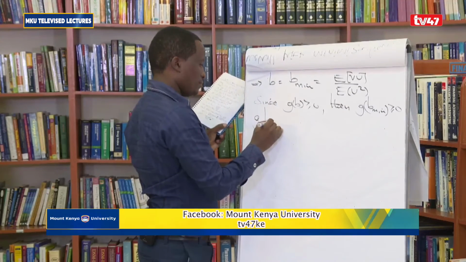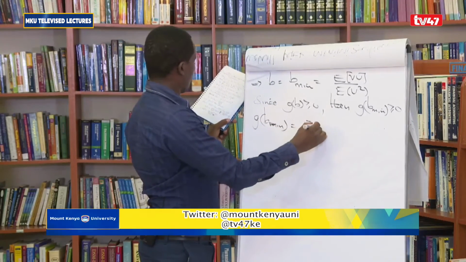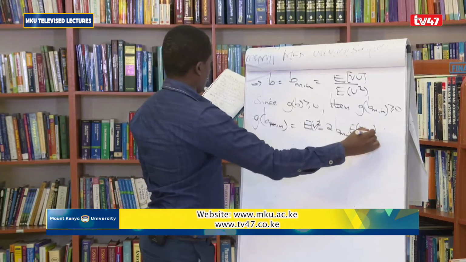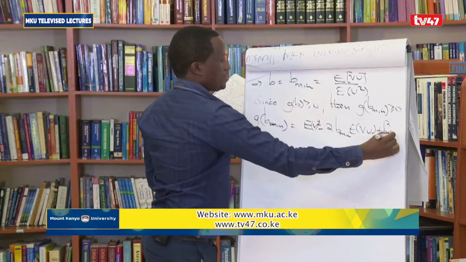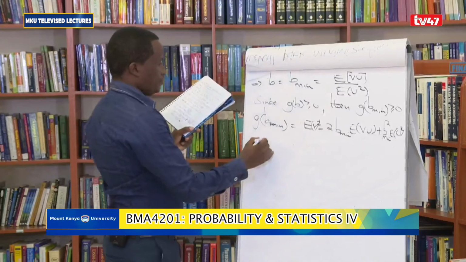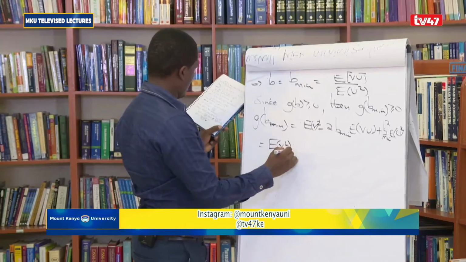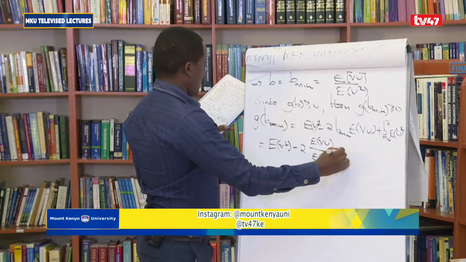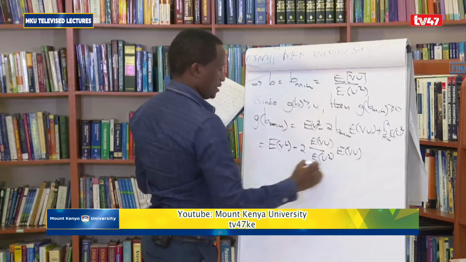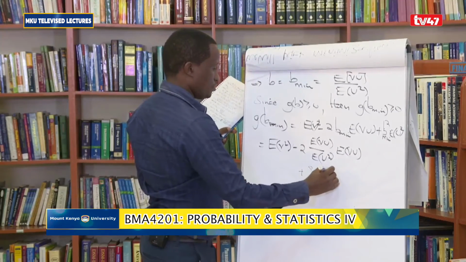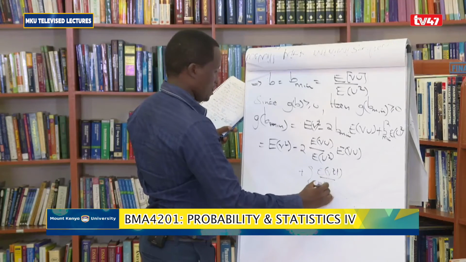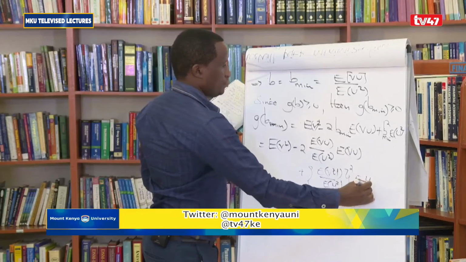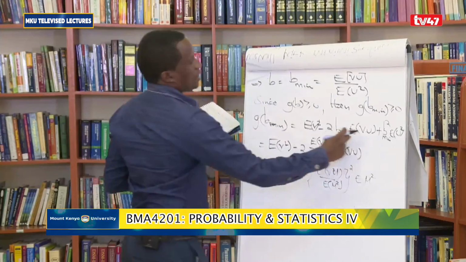And therefore, g of b minimum is equal to expected of v squared minus 2b minimum expected of vu plus b minimum squared expected of u squared, implying that this is equal to expected of v squared minus 2 times expected of vu divided by expected of u squared times expected of vu, plus expected of vu divided by expected of u squared, all squared, times expected of u squared. I'm just making replacements for b minimum from here.